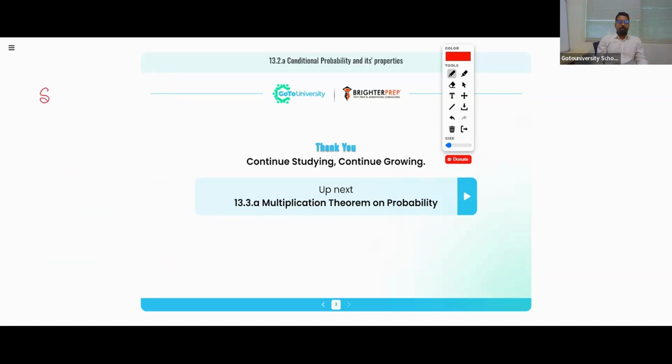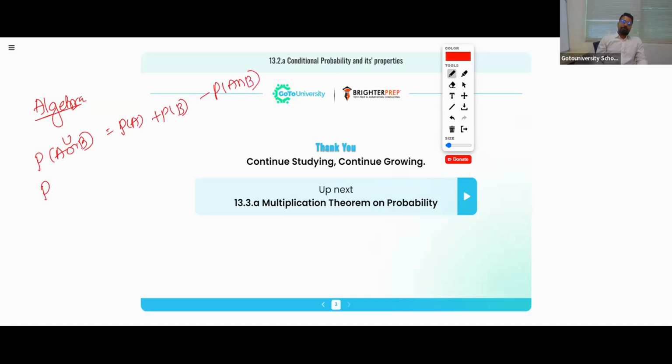Then we got to understand what simple events and compound events are. Finally, we recalled the algebra of probabilities. What is it? The probability of either A or B, denoted by union, can be written as P(A) plus P(B) minus P(A intersection B).